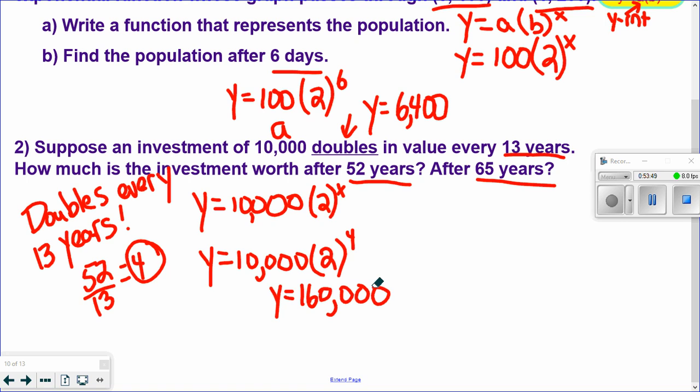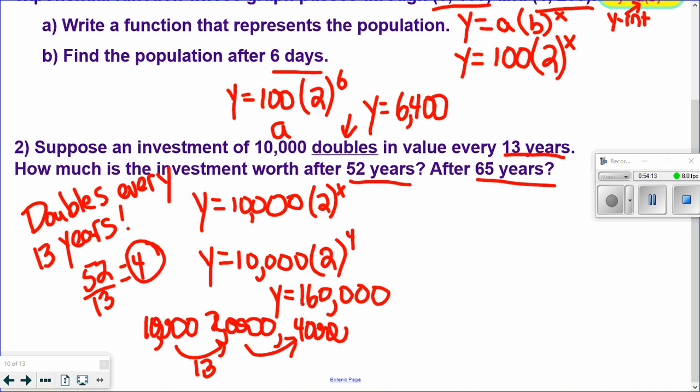This is what I'm saying, right? It starts out as a $10,000 investment. After 13 years, it doubles, so 10 goes to 20. After another 13, it goes to 40.